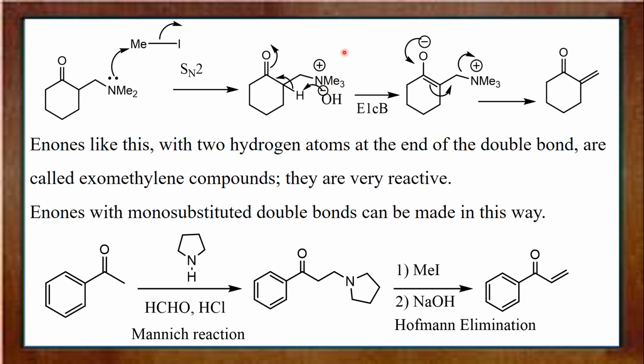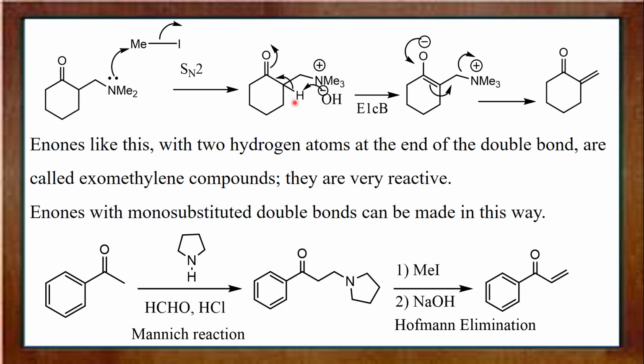We can end up with a quaternary ammonium salt that is treated with a strong base that results in the conjugate base. Therefore we call this mechanism the E1CB mechanism, unimolecular elimination through conjugate base mechanism.